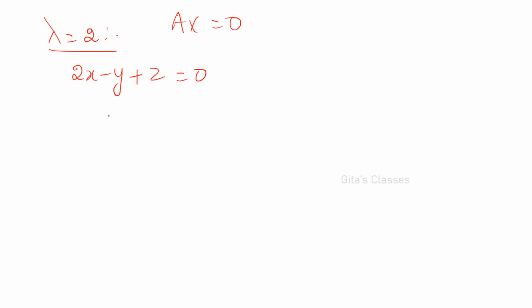So in this case, what you have to do is, usually if you get two equations, you will assume z equal to k, right? Now you have to assume values for both z and y. So let y equal to k1 and z equal to k2.